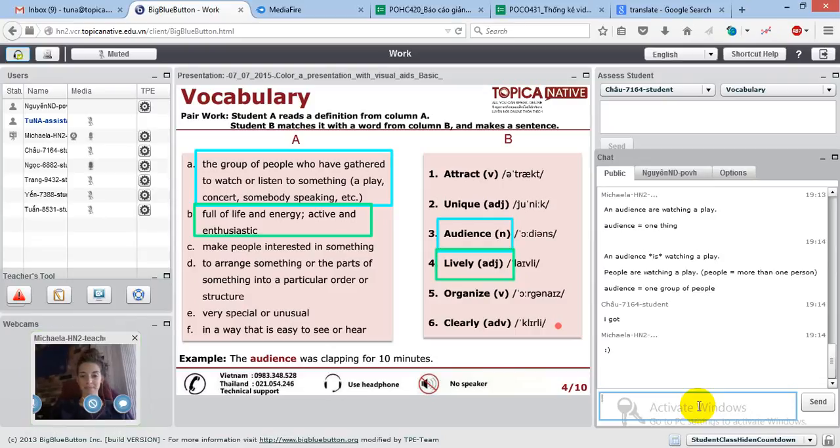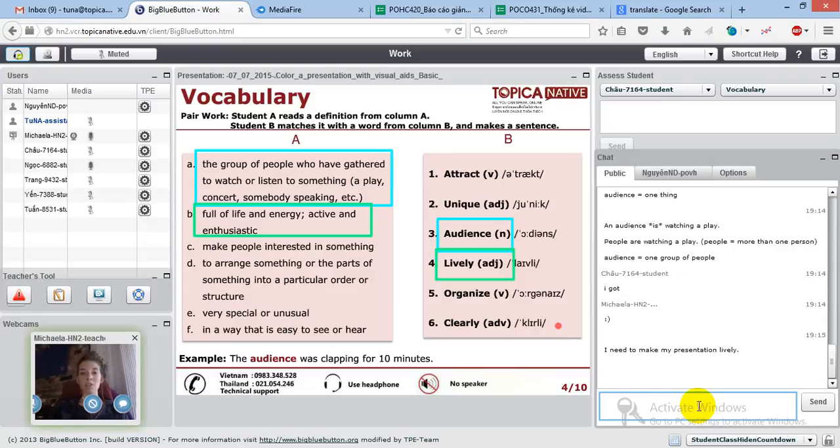I need to be my presentation lively, to be lively. Yes. Yeah, I need to make my presentation lively. Yes. Wonderful. That's a great use of the word lively, okay? And nice job using to make, the full, complete verb. I need to make my presentation lively.